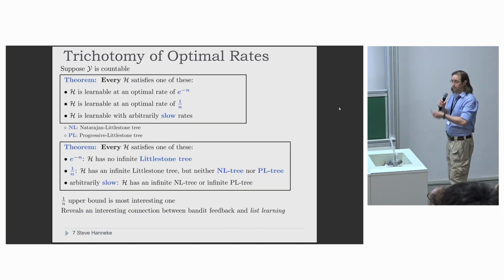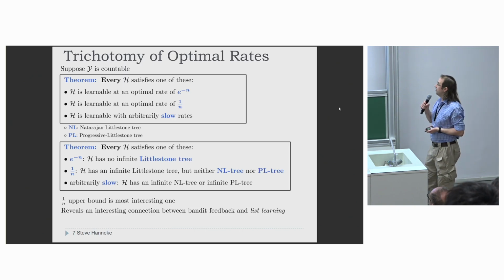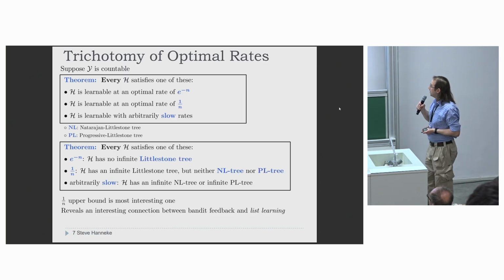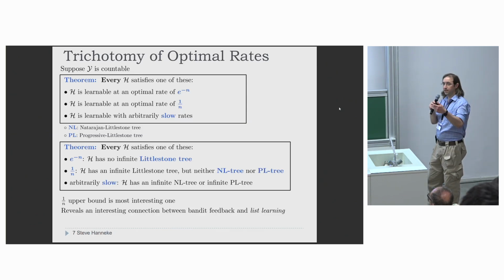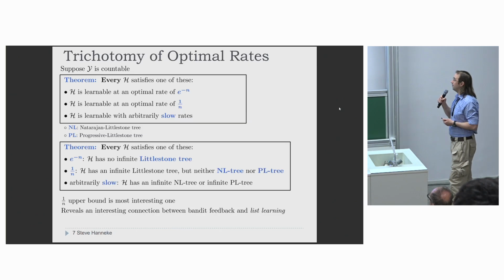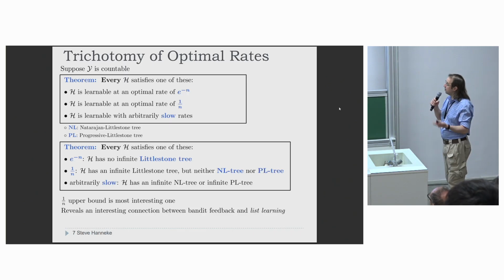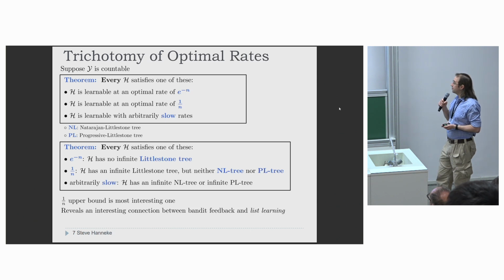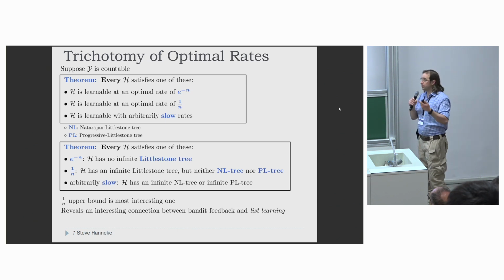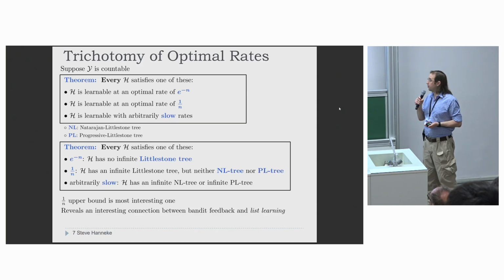And we find there's a very reasonable theory for this multi-class with bandit feedback in the universal rates perspective. In particular, every concept class falls neatly into one of three categories. The optimal rates can be either exponential, 1 over n, or can require arbitrarily slow rates. We also give combinatorial structures that distinguish which classes are in which category.